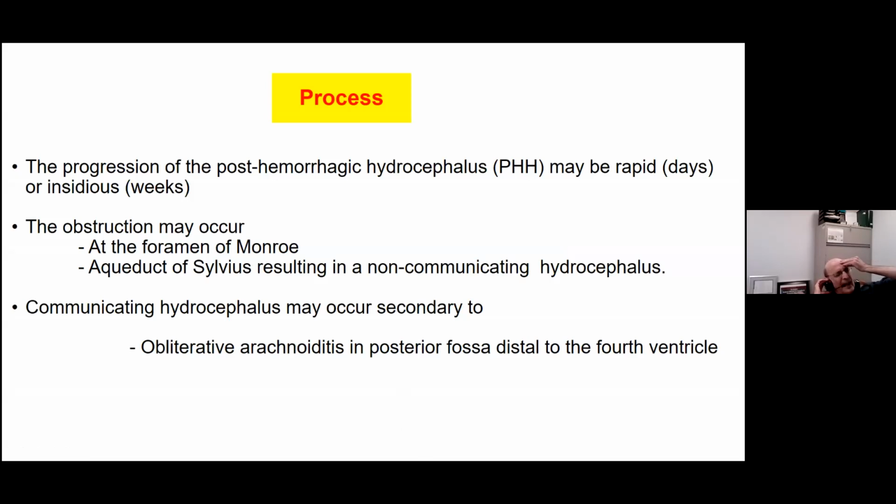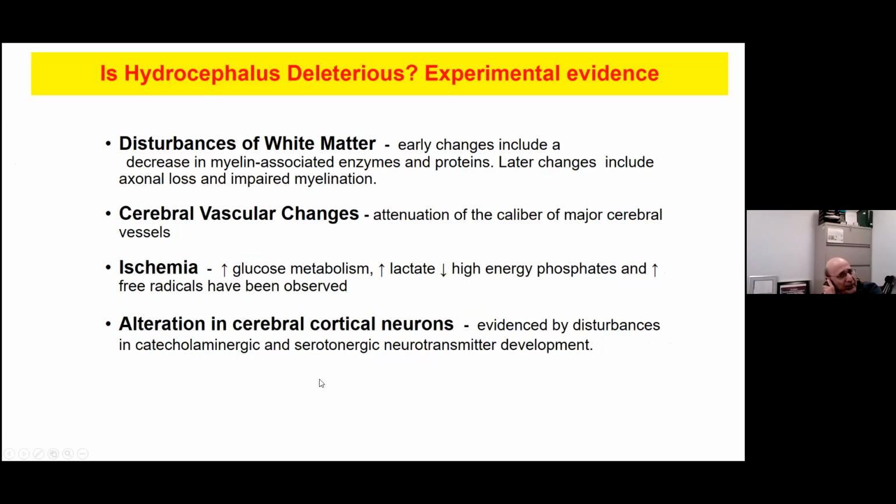And I pointed that out in the neuropathologic specimen that I showed you early on. Communicating hydrocephalus may occur secondary to an obliterative arachnoiditis in the posterior fossa distal to the fourth ventricle, and this is much more common.